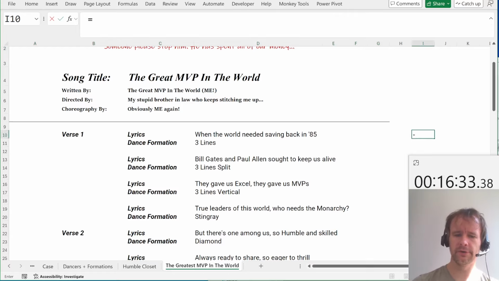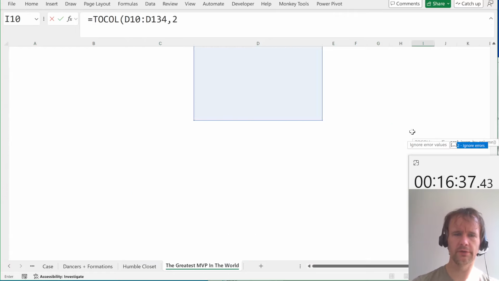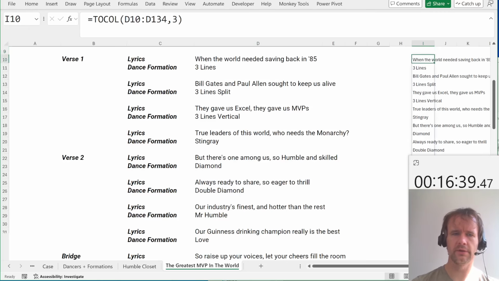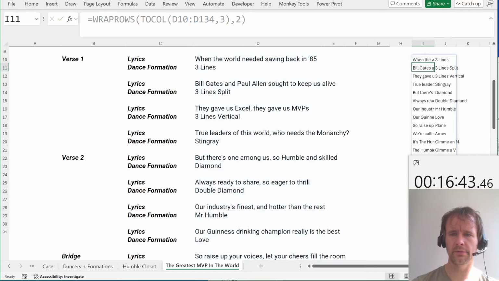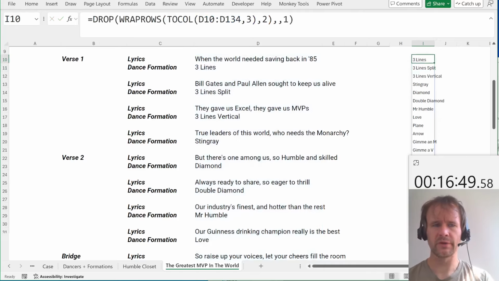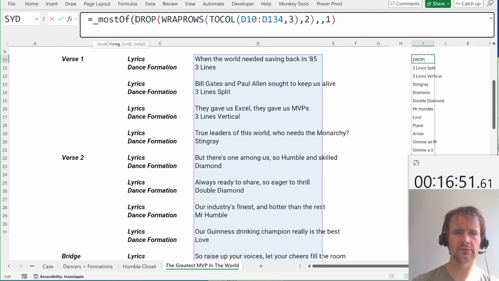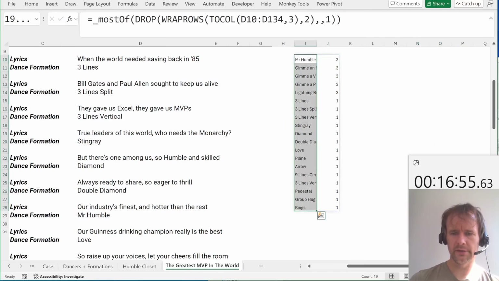So, first I'm going to call all of this by 3. Then wrap rows that by 2. Then I'm going to drop first line of that, first column. And then I guess I can say most of all of that. Okay, so these are the ones that I have to figure out.